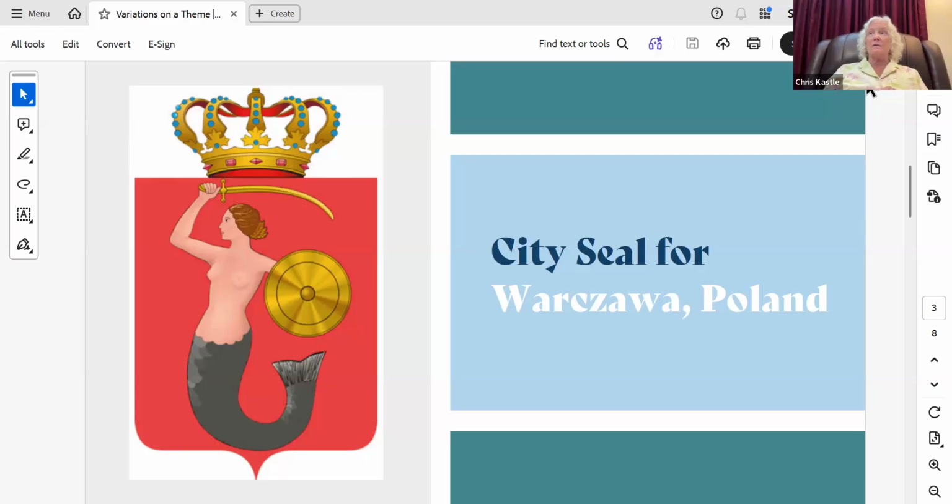But I will tell you that in 1390, the coat of arms of the city of Warsaw, as it's known in Polish, Warszawa, held a creature with a tail and scales. It was changed over the years, but the first presentation of a mermaid dates back to 1622. There are spotty legends about the mermaid.